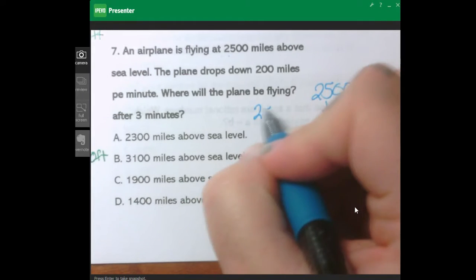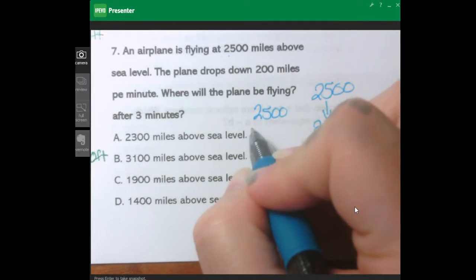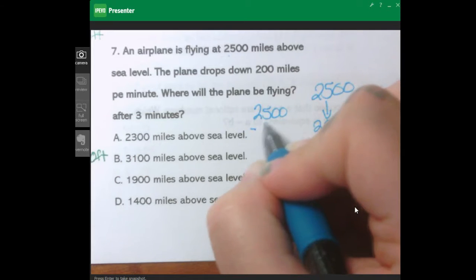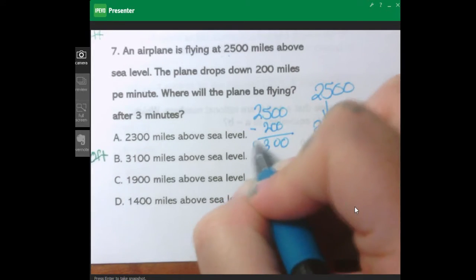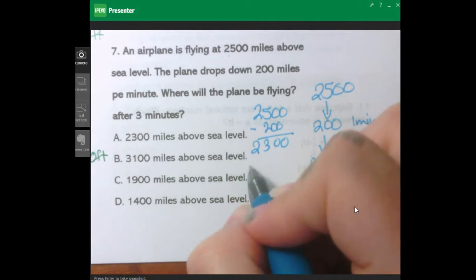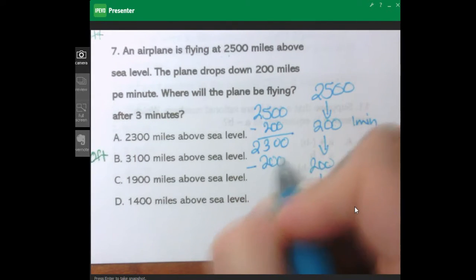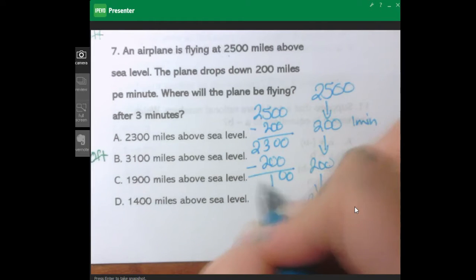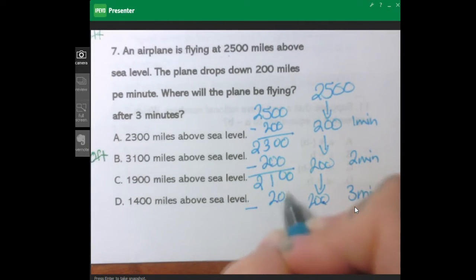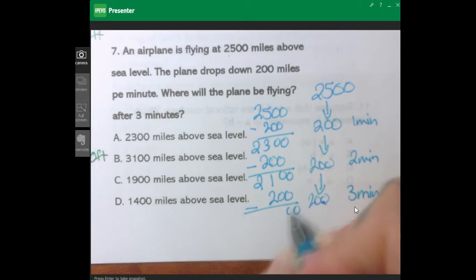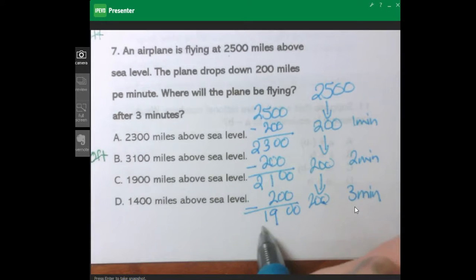So if I have 2,500 minus 200, I get 2,300, minus a second 200. We're at 2,100, minus that third 200. We are now at 1,900 miles above sea level.